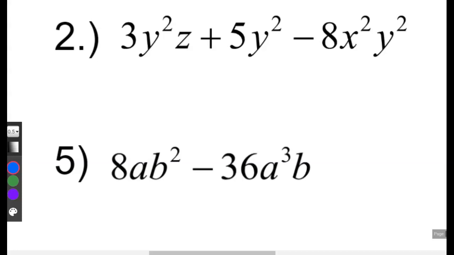Well, are there like terms? So technically in this problem, there are 3 terms. The one that starts with a 3, the one that starts with a 5, and one that starts with a negative 8. Do any 3 of those have the exact same variables?